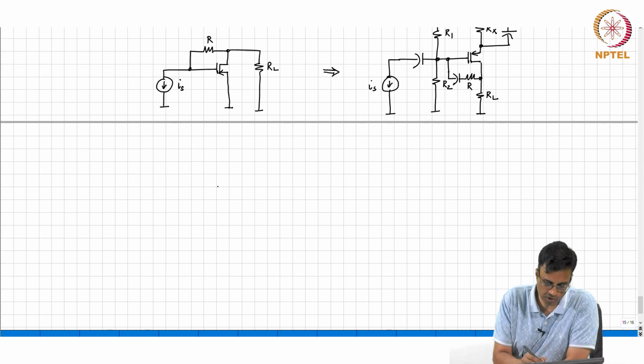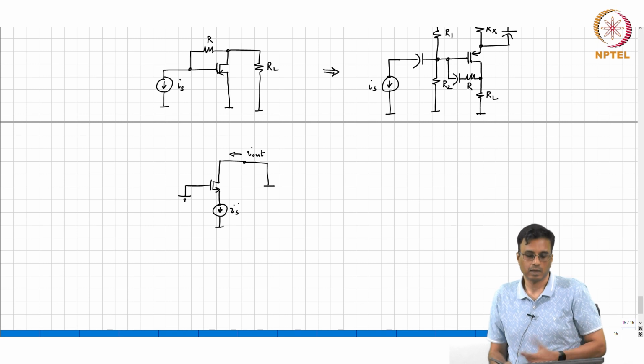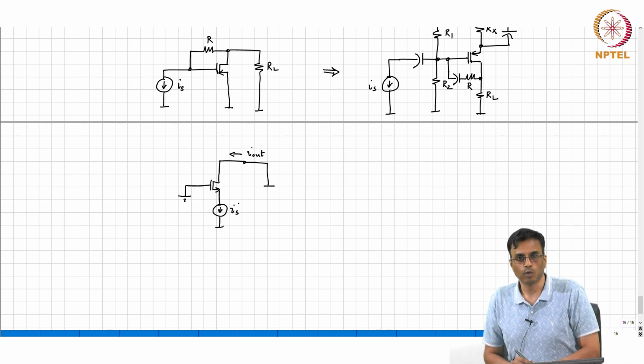So, the last controlled source is the current controlled current source, which was the common gate amplifier. This is I out, this is IS, and again same old, what do we do?